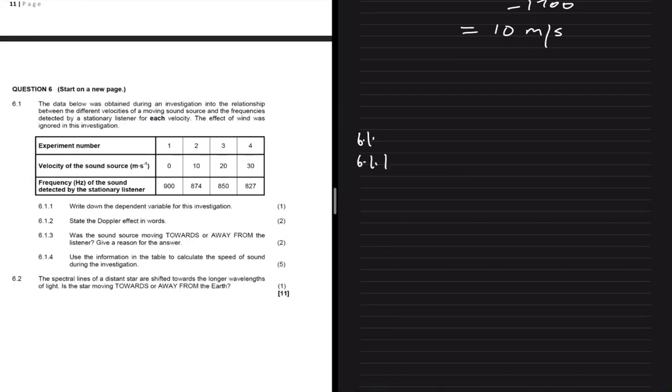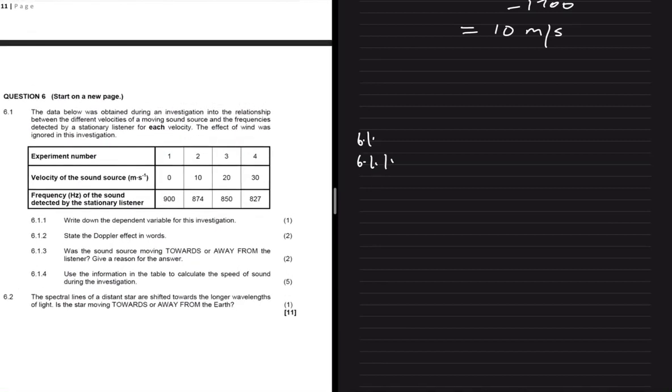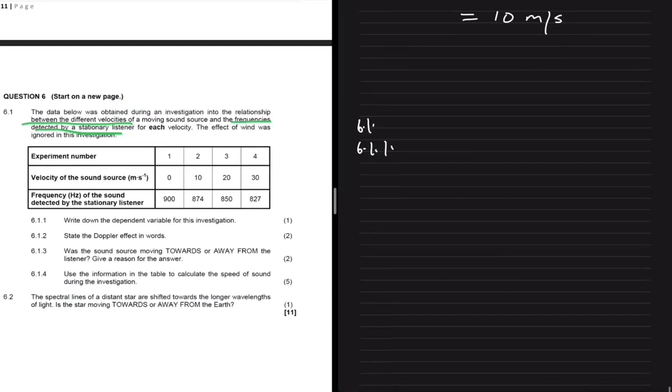The first question says, write down the dependent variable for this investigation. Here in the problem statement, it says the relationship between different velocities and the frequencies detected. So we are varying the velocities and we're figuring out what the detected frequency is.